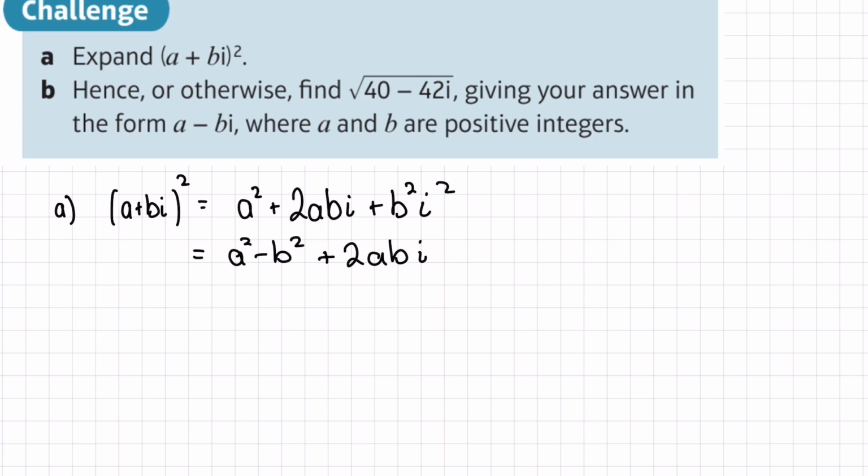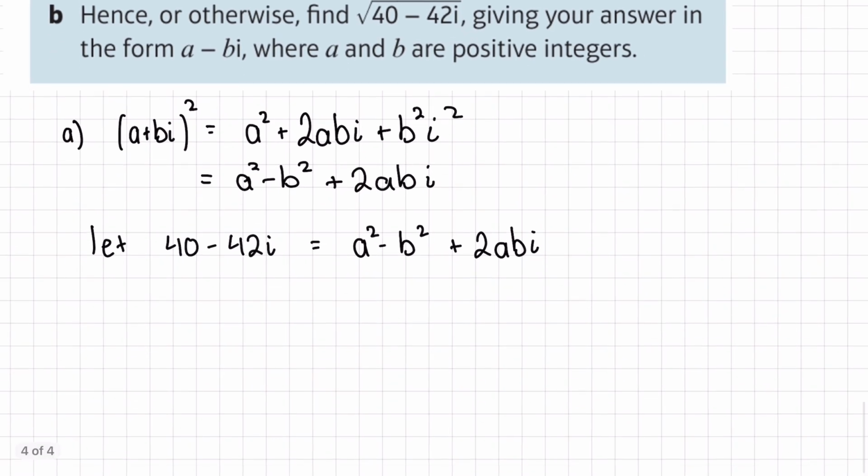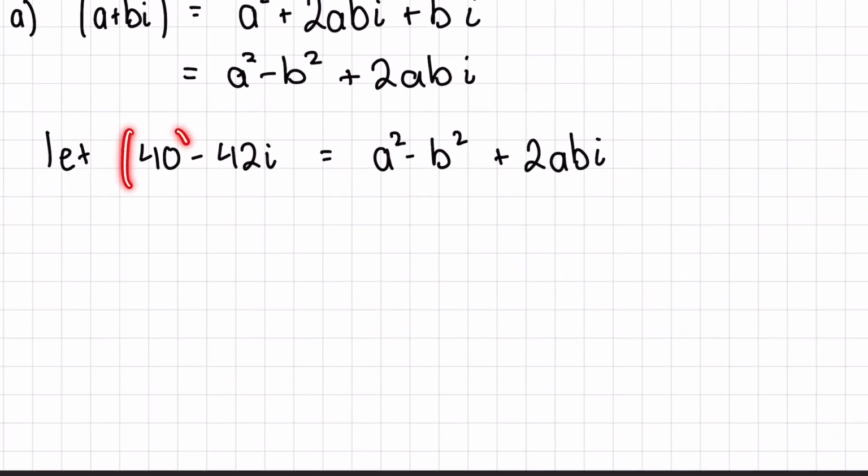So we're going to use what we've just discovered here, and we're going to let 40 minus 42i equal a squared minus b squared plus 2abi, because when I square root this, I'm going to get it back in the form of a plus bi, and we're looking for the square root of this question here. Okay. So 40 is going to represent a squared minus b squared, and minus 42 will represent 2ab.